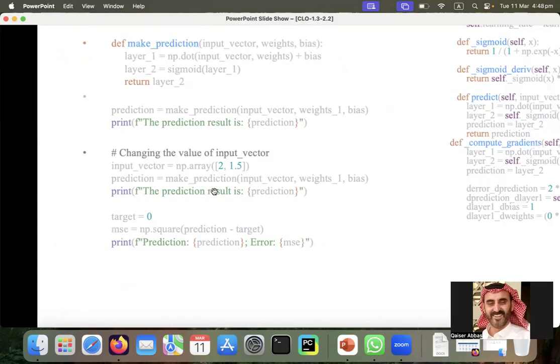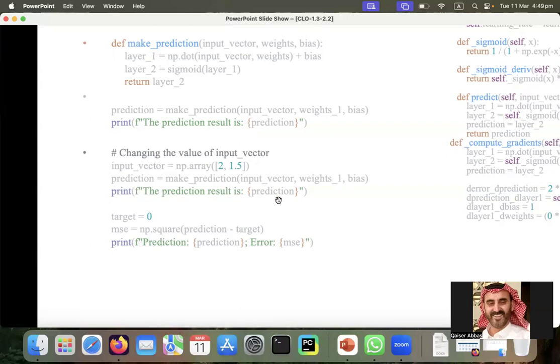So now we are checking this function make prediction with some other input vector. The weight vector is the same, but the input vector is changed here. We pass the input vector, weights, and bias into it, and it will calculate the multiplication and sigmoid, and return the result into this variable prediction, which we print.